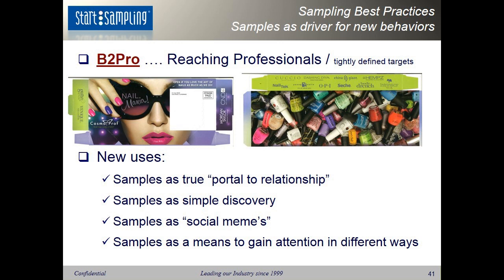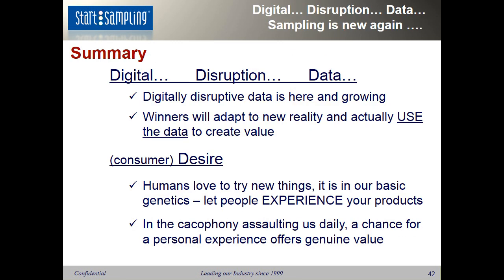Because you know what? At the end of the day, even with all this digital disruption, all this data, we're still people. We still like to try new things, and it's in our basic genetics. Why did Christopher Columbus set sail? It's just about discovery for us. Brands are only one part of our lives, but they're a big part, and people like to discover new things.